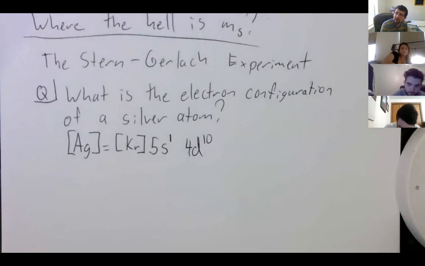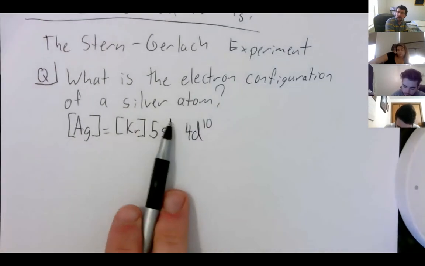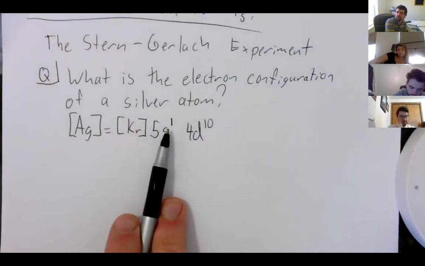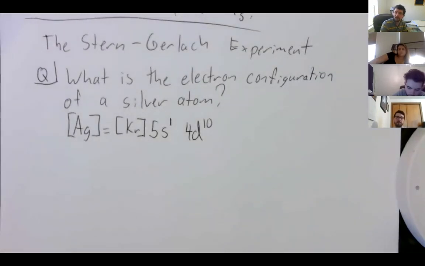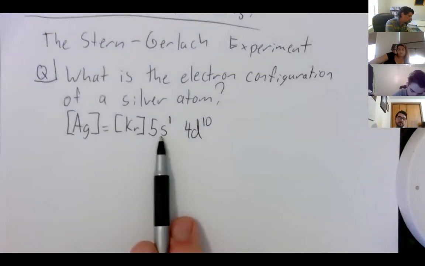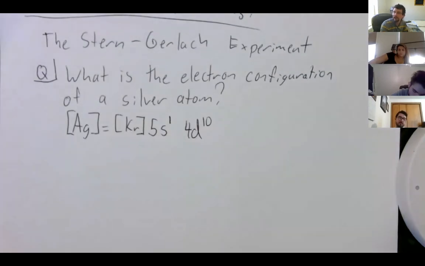The experimentalists behind this knew that the silver atom had a single electron in an orbital that was in the 5s. They knew that from other experiments and spectroscopy. So what they were trying to do was show that there was quantization in this electron hanging around there, that it had a quantized spin to it.